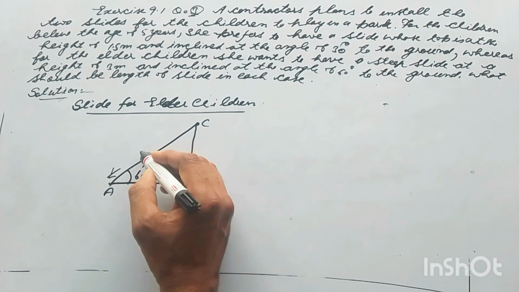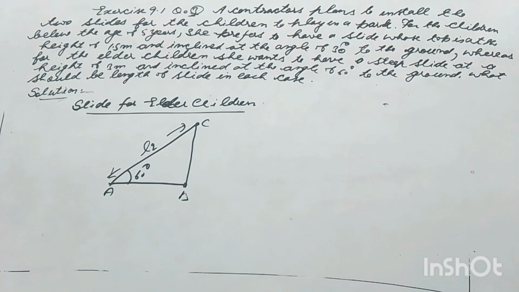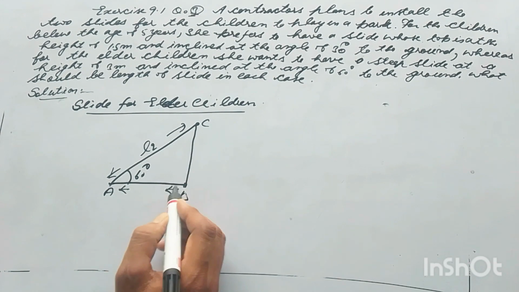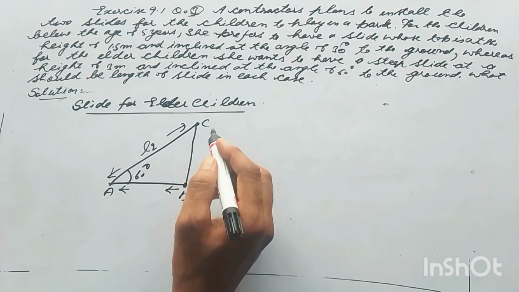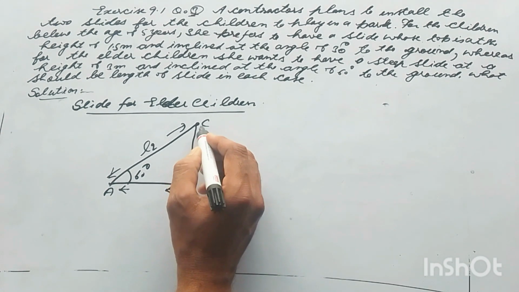Let the length of slide be L2. In this case angle is 60 degree and height is 3 meter.